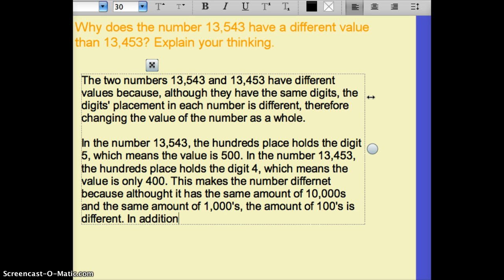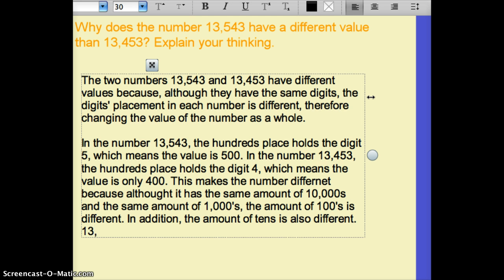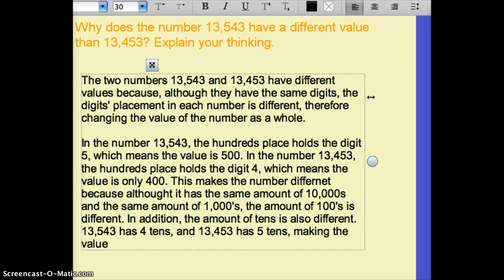In addition, the amount of tens is also different. 13,543 has 4 tens, and 13,453 has 5 tens, making the value different still.